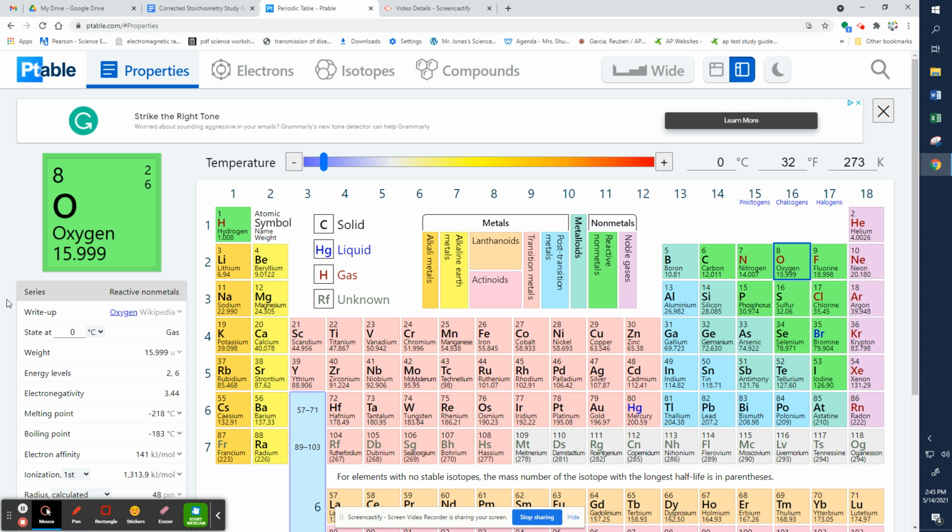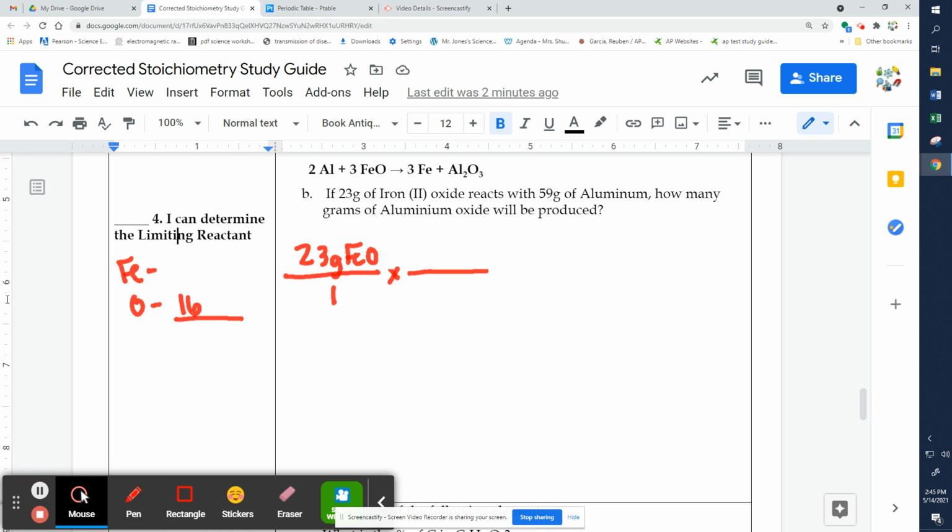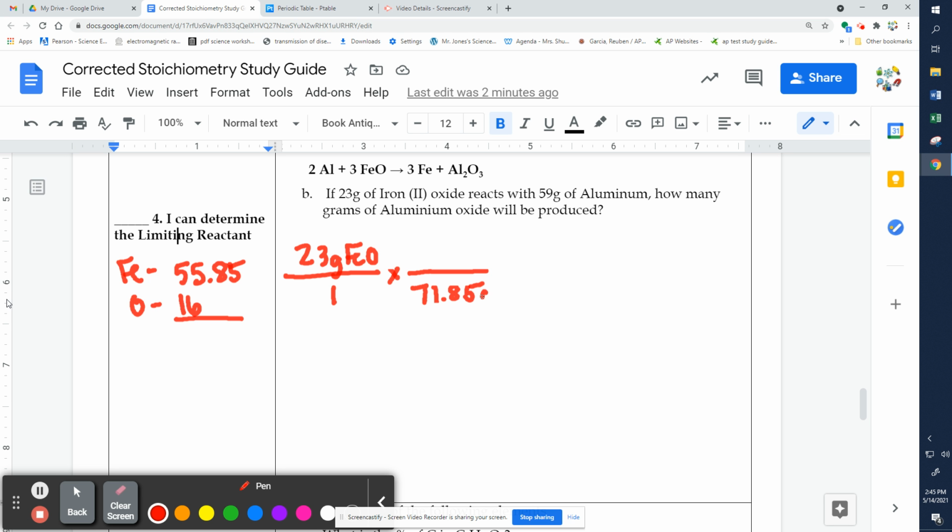If I look at iron, it is 55.85. So when I add those two together for my iron oxide, I'm going to get 71.9. No, 71.85. Okay, and that's grams of FeO.